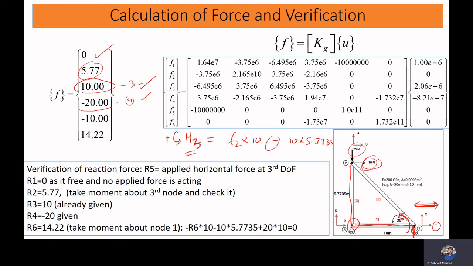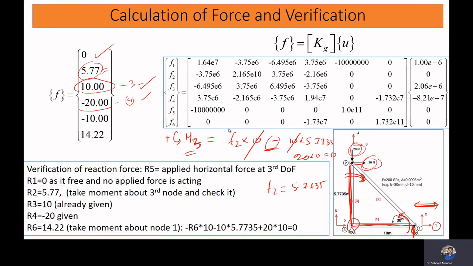This is the perpendicular distance, this is 4, so this is basically clockwise, so it will be negative. The 20 Newton force acts along the same line, so that will not contribute: 20 into 0 will be 0. Now if you solve it, this and this will cancel out, so F2 will be 5.7735 that we obtained, this 5.77.